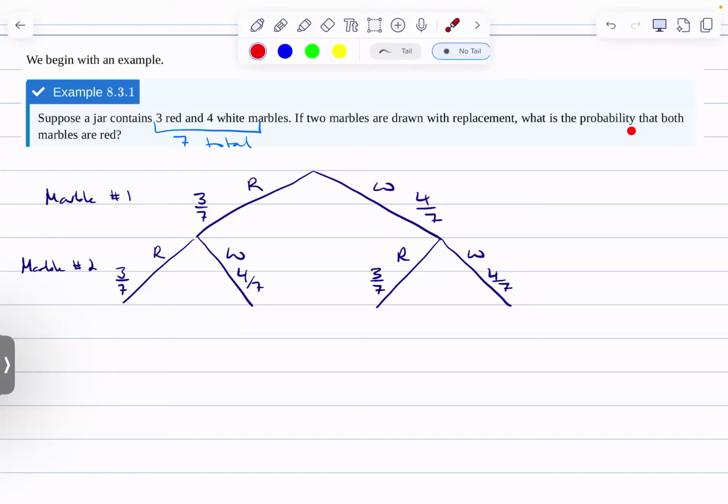We want to find the probability that both marbles are red. Now, the only way that I can make that happen is if I get a red and a red. All right. Let's jot down our sample space. I could draw a red and then a red, or a red and then a white, or a white and then a red, or a white and a white.